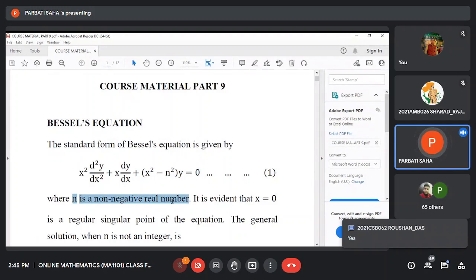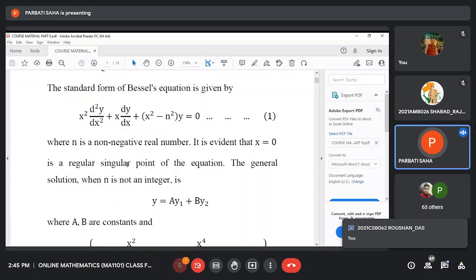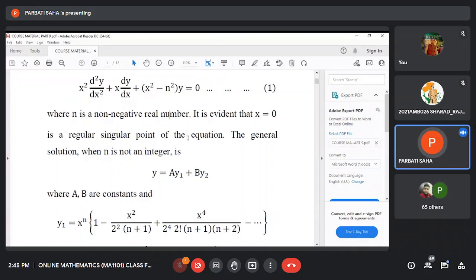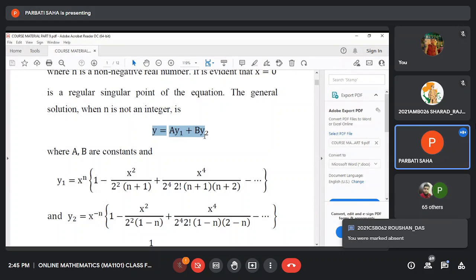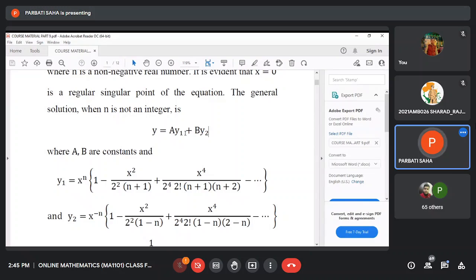Here x equals 0 is a singular point, no doubt about it. Most important, just observe the general solution. We did not deduce the solution; just take this as the general solution.